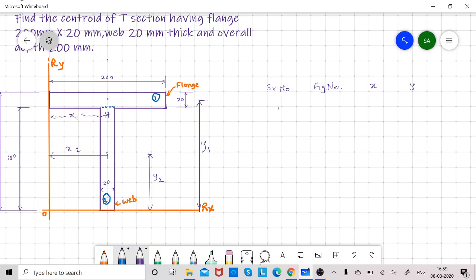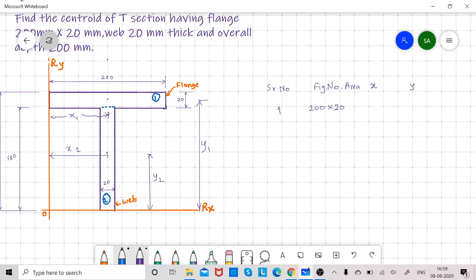Now serial number 1, figure number 1, with figure details: it is a rectangle 200 by 20, the flange rectangle, and its area.